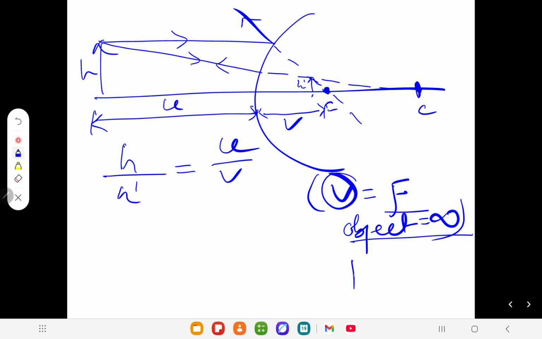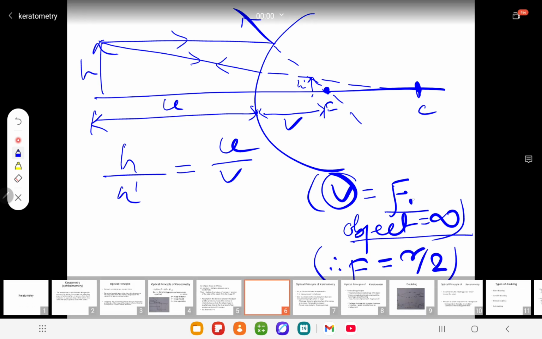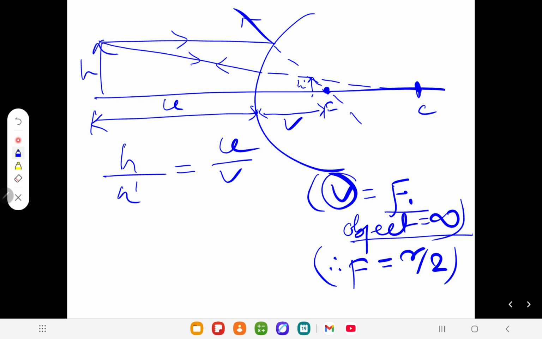And the focal length in the case of a mirror is basically r by 2. We know it, isn't it? So we can replace v with r by 2. Then we have object height over image height equals object distance divided by r by 2.